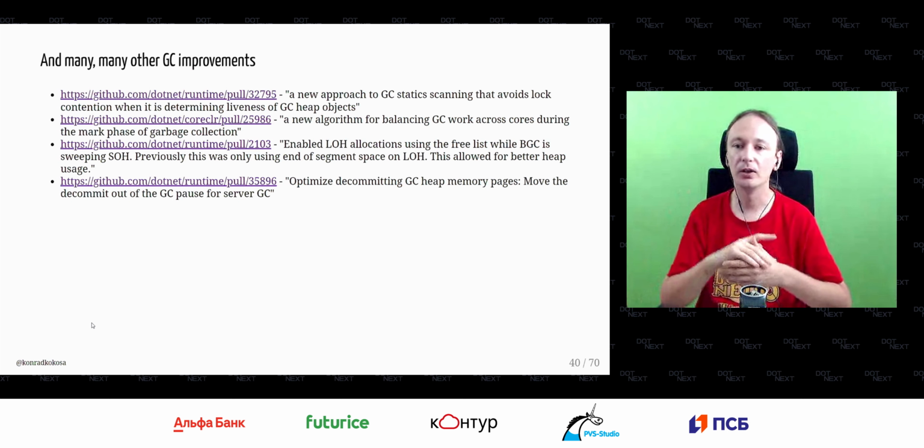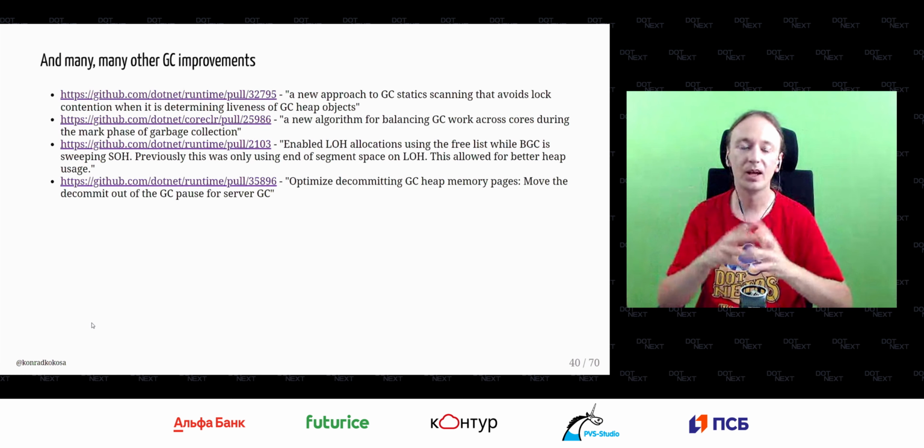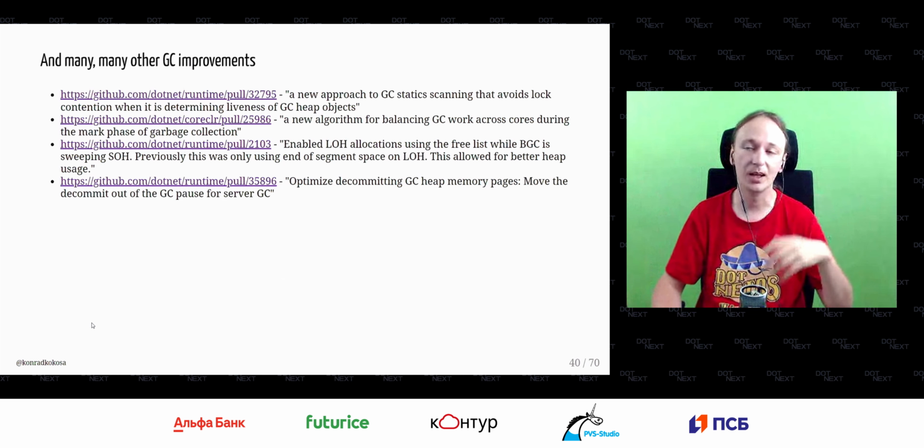There are also other things that should be added and are already added, little fine-tunings of the GC algorithms. Those slides will be available, so you can follow the links that I'm providing here. I will not go into such deep things because we don't have so much time here.